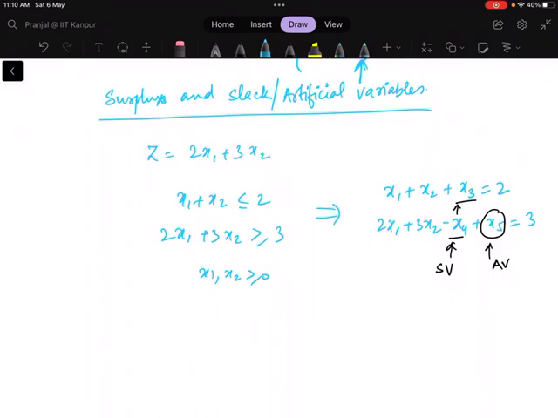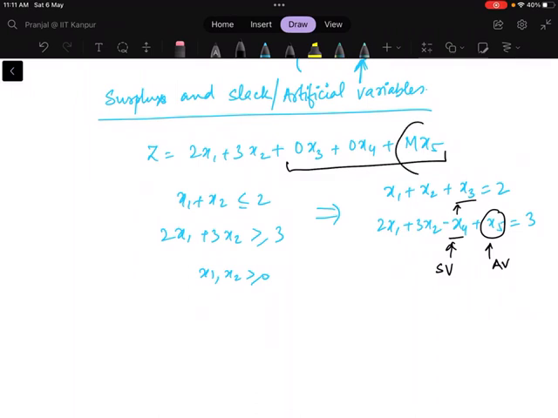Now we add them to the objective. The slack and surplus variables are added with a coefficient 0, so 0 times x3 plus 0 times x4, and the artificial variable is added with a very big quantity, let us say M x5. These are the additional terms that we add after converting inequality to equality constraints.